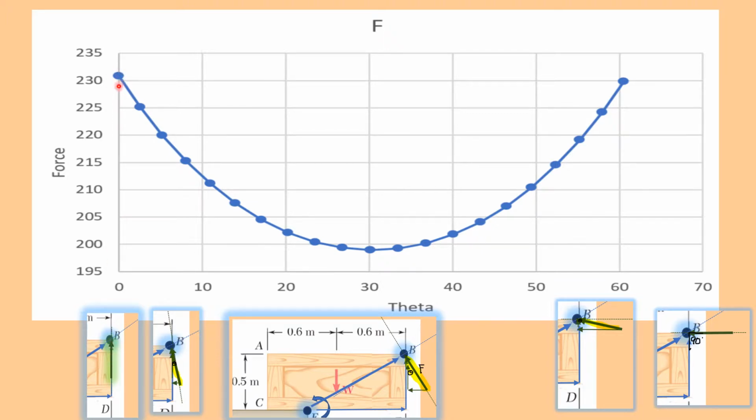So you'd have a large force over here, and then as you start opening that angle up, the force ends up being smaller and smaller that you have to apply to stop it from rotating around E. And around 30 degrees, this is where the force is a minimum. And then as you keep opening that angle up more and more, all the way up to 90, you end up having to apply a larger and larger force to keep it from tipping. So the ideal minimum force is going to happen right over here.